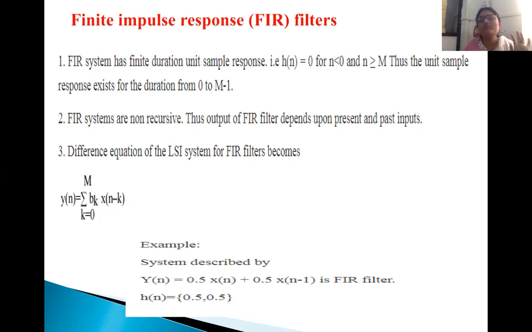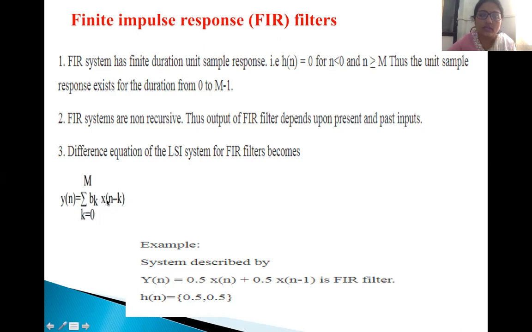The FIR filter system is also known as an all zero system because only the numerator part is present in the design of this particular system. As there is no denominator part, we can say all zeros are represented by the FIR system. So the FIR system is known as an all zero system, right?